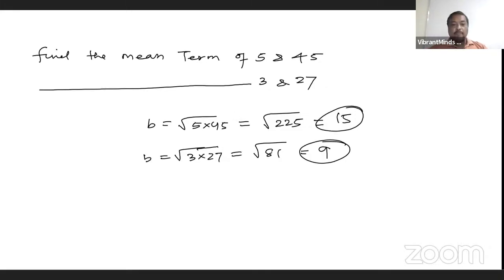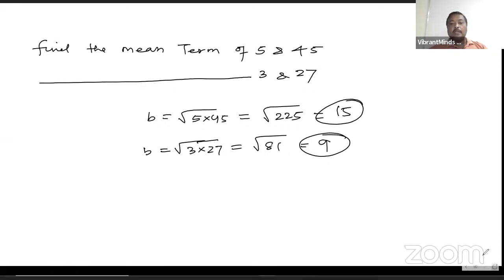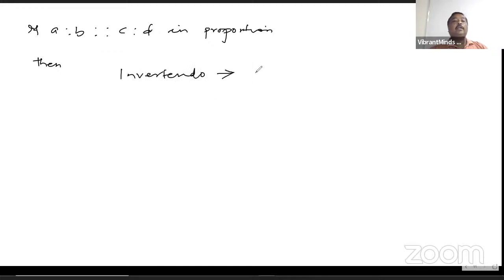Okay. Once more, guys. So when we mean continued proportion, we must also remember that if A is to B as C is to D, that is in proportion, then we have, according to invertendo, B by A and D by C. These will also be in the same proportion.